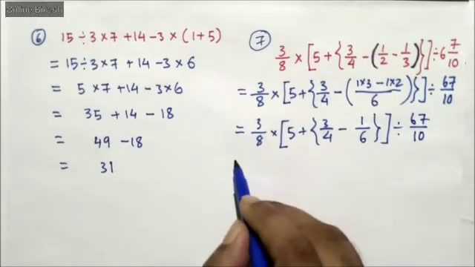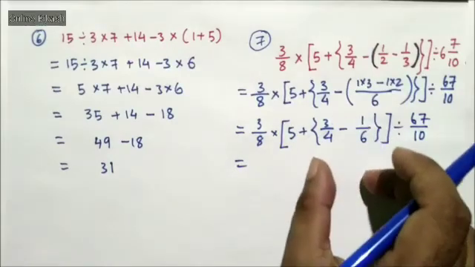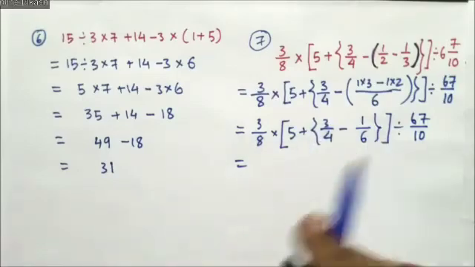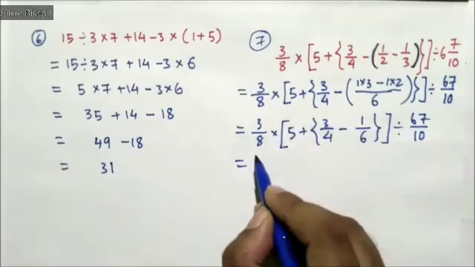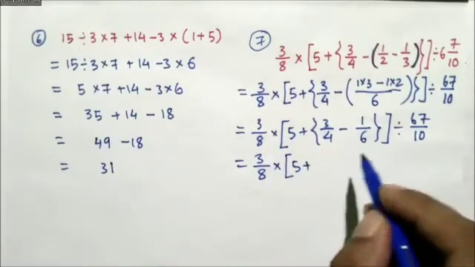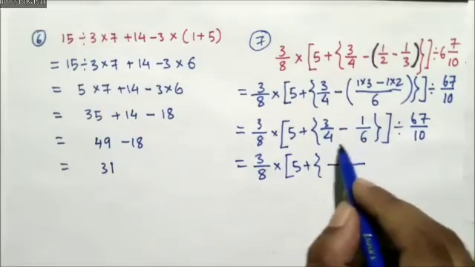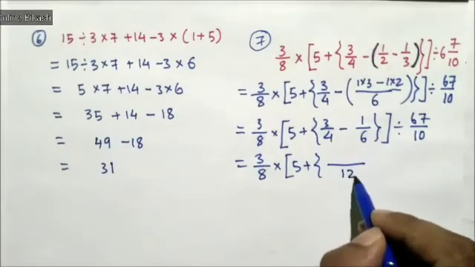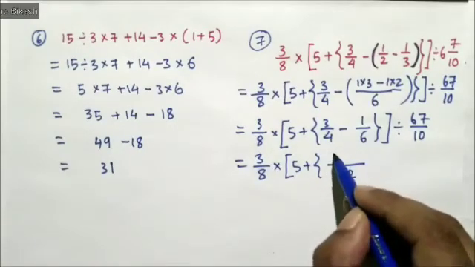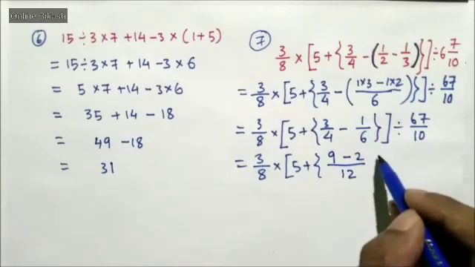Okay, now we will try to make the second bracket disappear from our expression. 3 by 8 into 5 plus, now let us perform this one. What will be the LCM of 4 and 6? It will be 12. 4 3s are 12, so 3 3s are 9; 6 2s are 12, so 1 2s are 2.